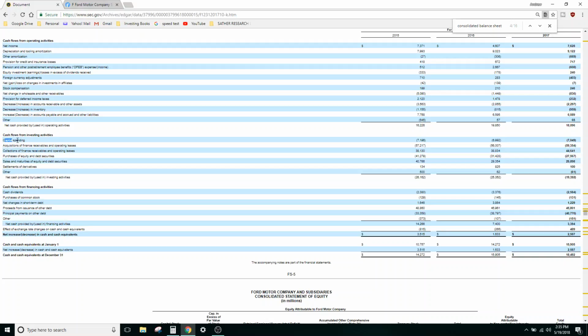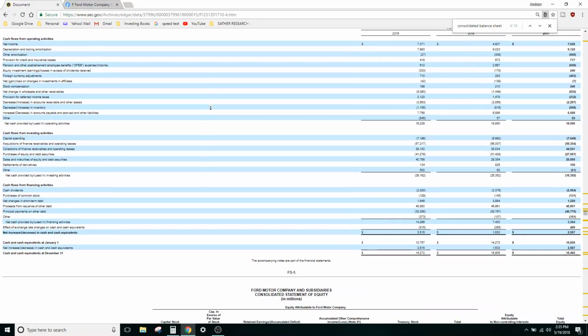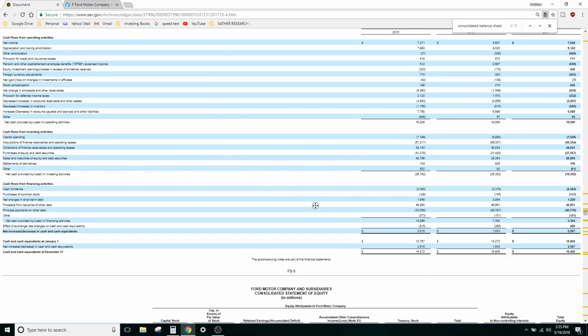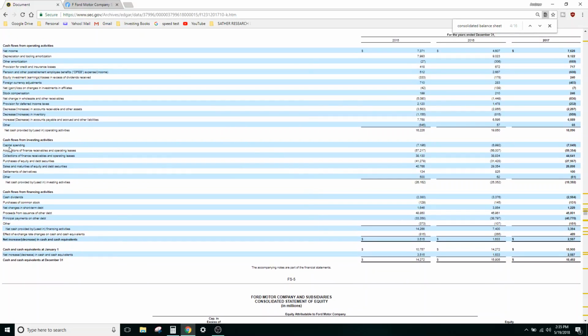Capital spending. Now, they call it capital spending, but most corporations, businesses call it CapEx, capital expenditures. Basically, the idea is that's the money that you are spending to... There's 2 types of capital expenditures.